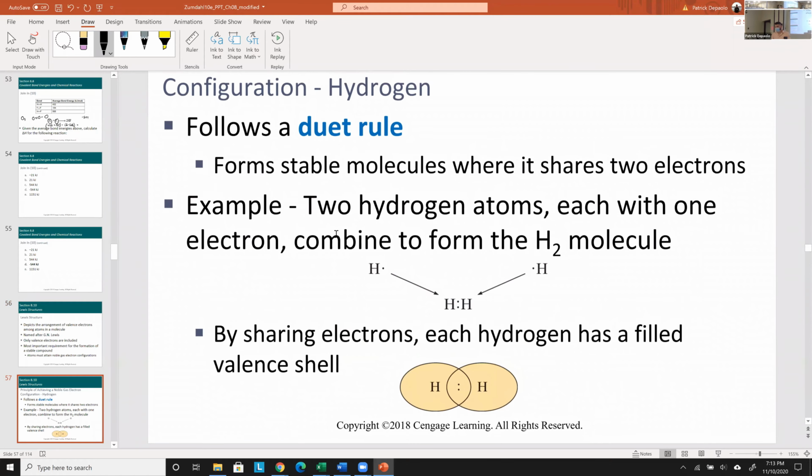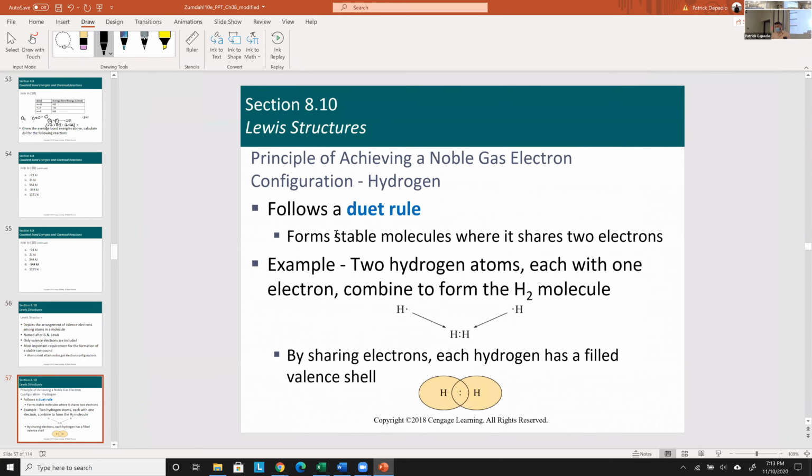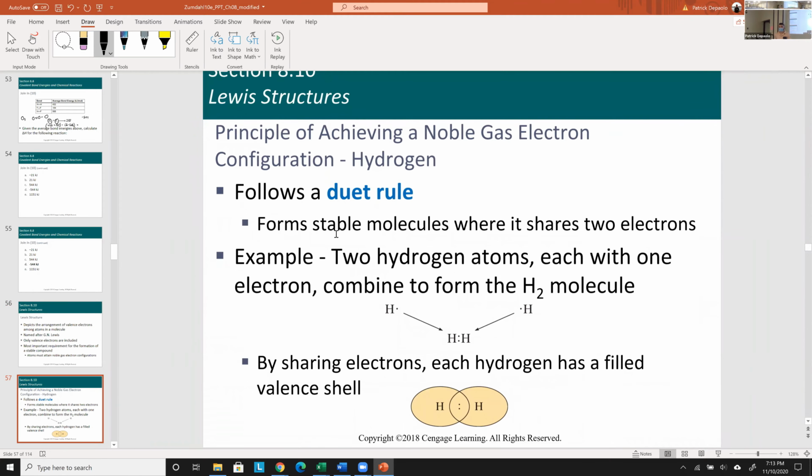So we've heard of the octet rule, meaning atoms like to have 8 electrons when they're in covalent bonds. And keep in mind, Lewis structures are only for covalent bonds, because for ionic bonds, there's no 3-dimensional arrangement. Covalent bonds are more rigid.